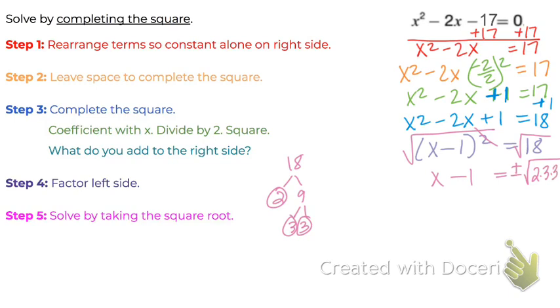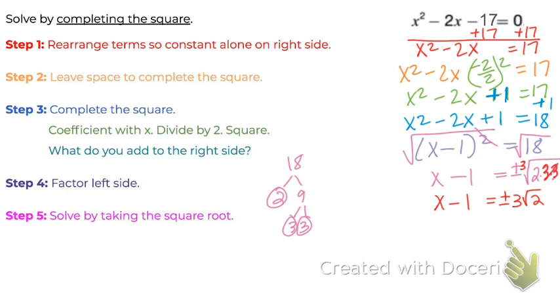What the square root symbol is asking is what's being squared. And so if you look underneath the square root, you see that what's being squared is 3. 3 times 3 is 3 squared. So we can pull that 3 out in front of the square root symbol. So we have x minus 1 equals plus or minus 3 square root of 2.